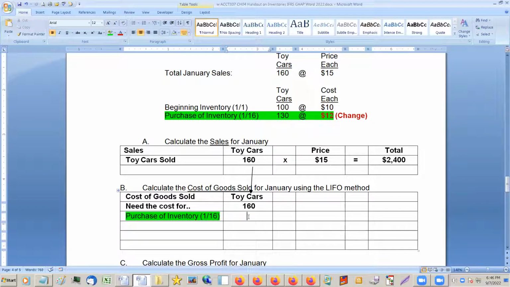So we had 130. The cost. Time for Mr. Calculator. $1,560.